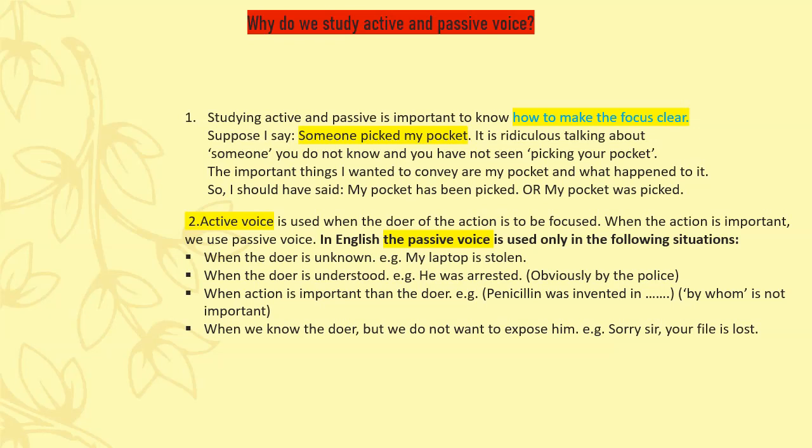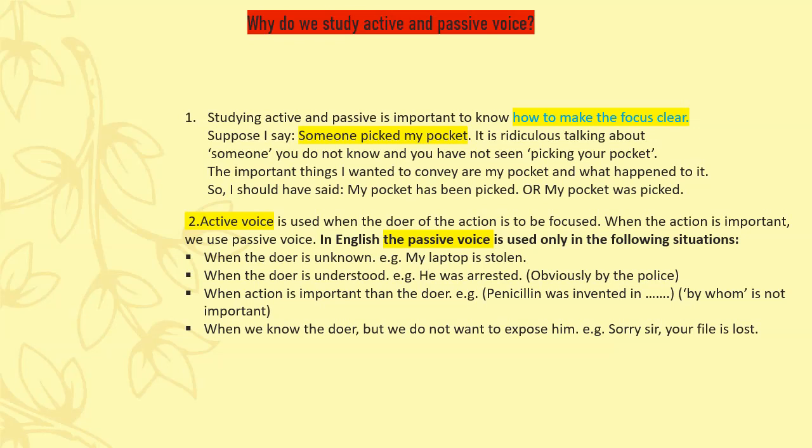First, when the doer is unknown, as you have seen over here. Someone picked my pocket. As I told you, it would be useless to talk about someone. What would I be concerned with? I would be concerned with my money and my pocket, which has been stolen. That is, my money has been stolen. So there we can use passive voice.